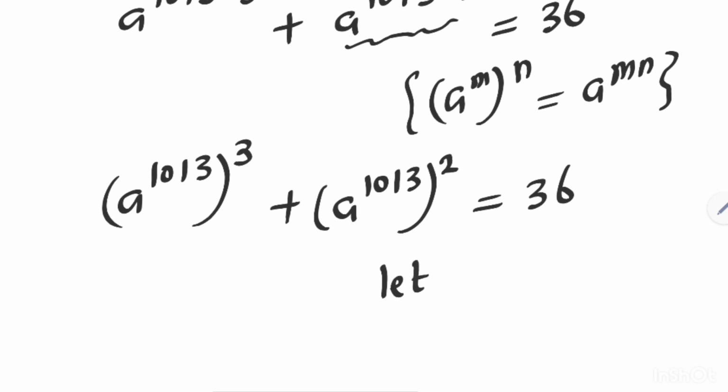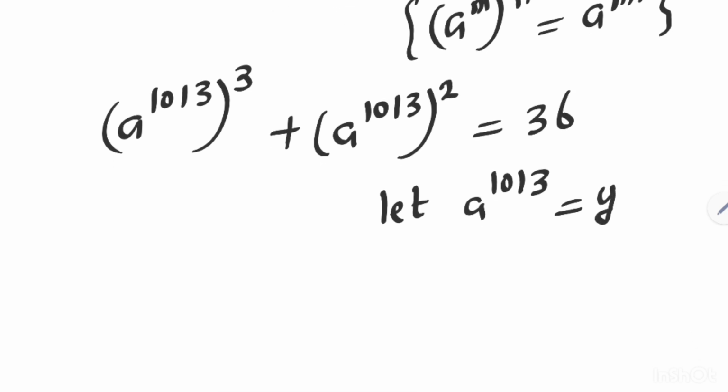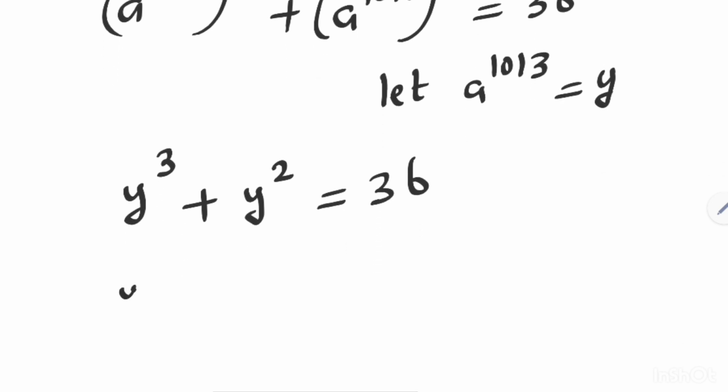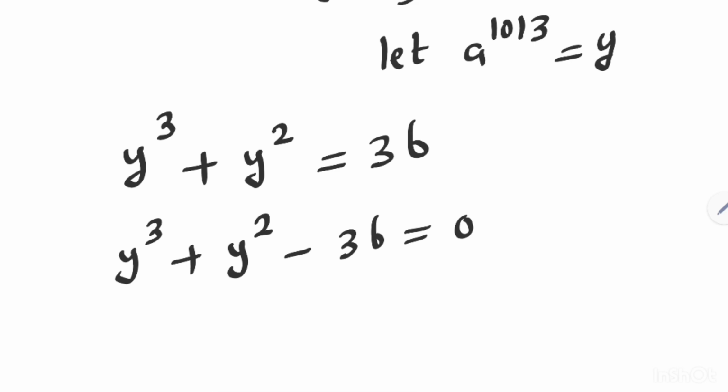Let a raised to power 1013 be equal to y. Now all of this can be written as y raised to power 3 plus y squared is equal to 36. y raised to power 3 plus y squared minus 36 is equal to 0.